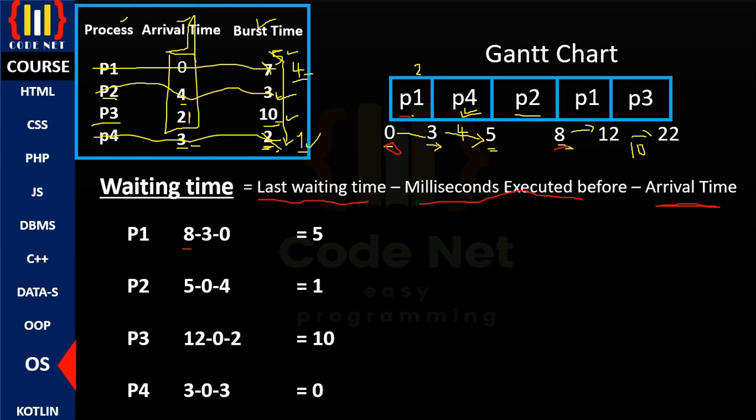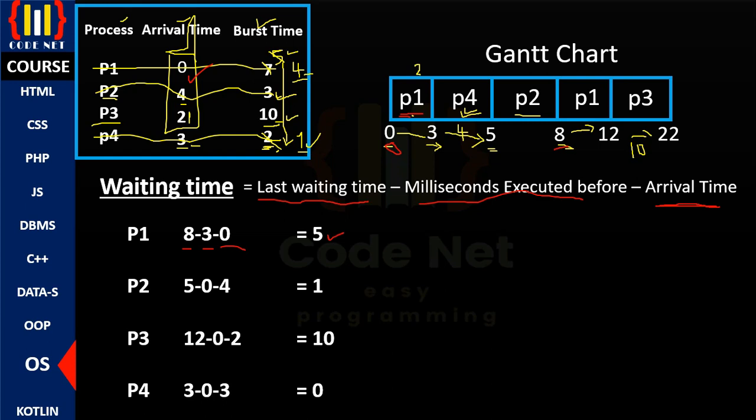Then what is the total number of milliseconds it executed before? Process 1 had to execute for 3 milliseconds before the final execution. And what is the arrival time for process 1? From the question, 0. So minus 0, the total waiting time for process 1 is 5 milliseconds.